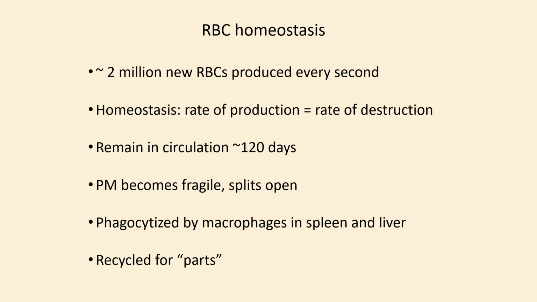They're taken out of circulation by phagocytes, macrophages in your liver, as well as in your spleen and other tissues. And these macrophages will engulf an old, worn out blood cell and will essentially recycle it for parts. There are some good, useful building blocks that make up the body of a red blood cell, and we certainly don't want to waste them.